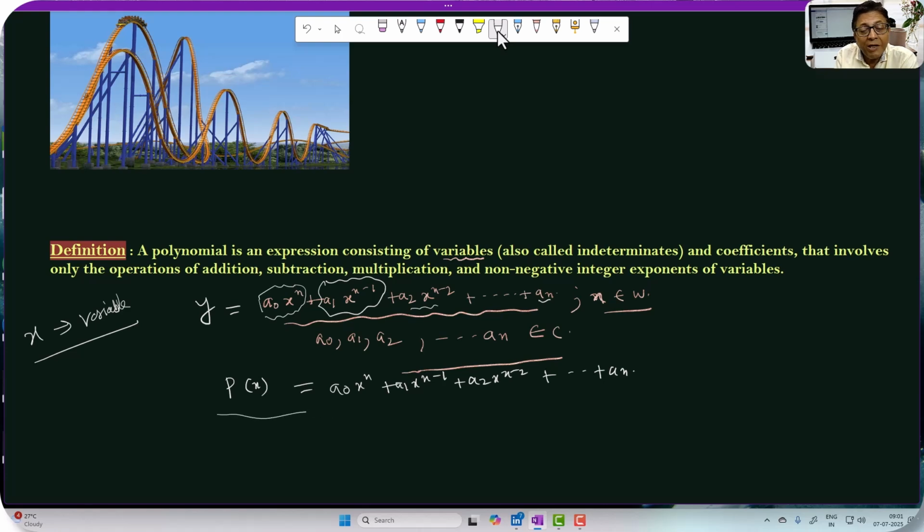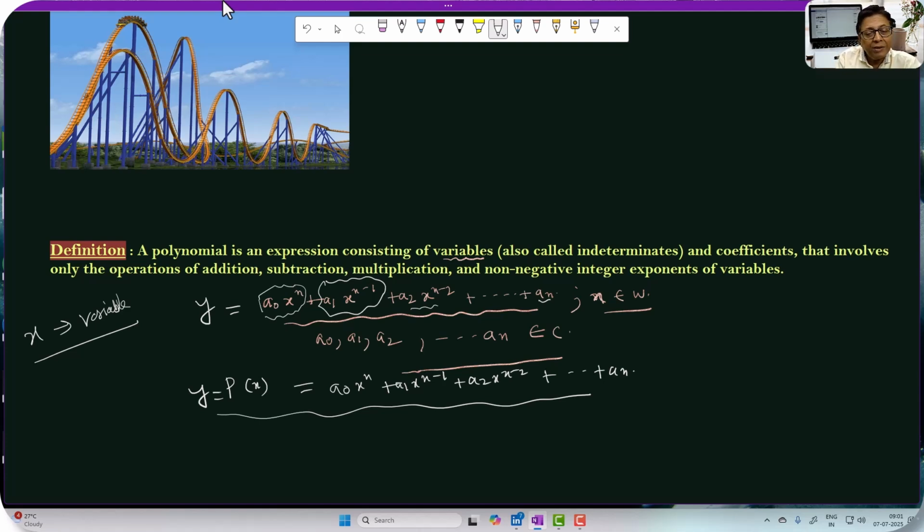If you are familiar with the concept of function, there are two variables. You write y or p(x), whatever, and the variable x, they are related by this relation.